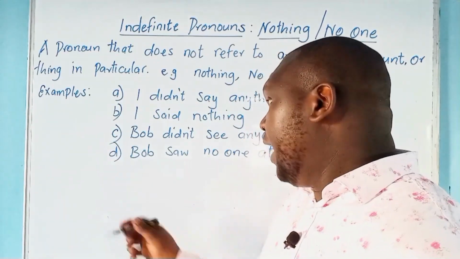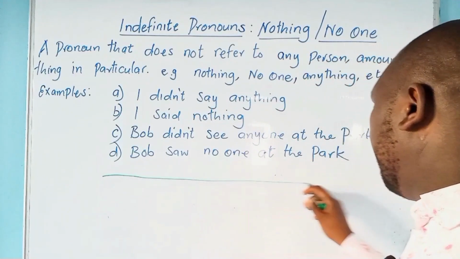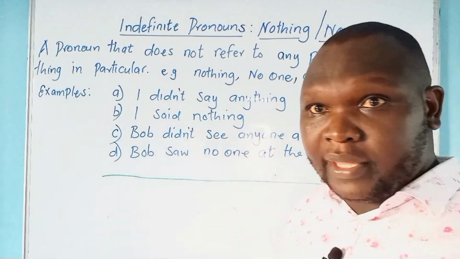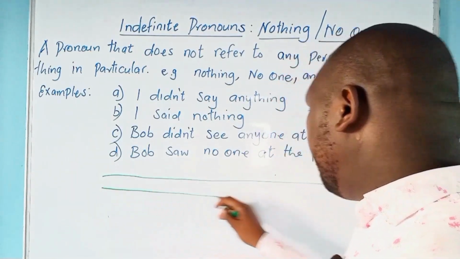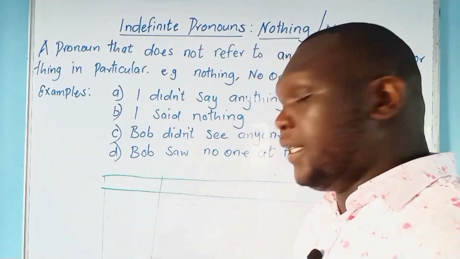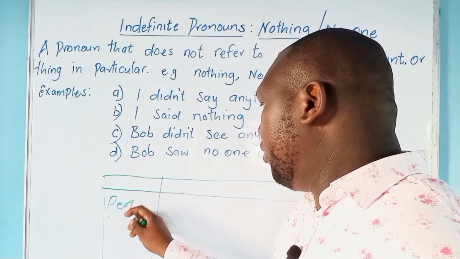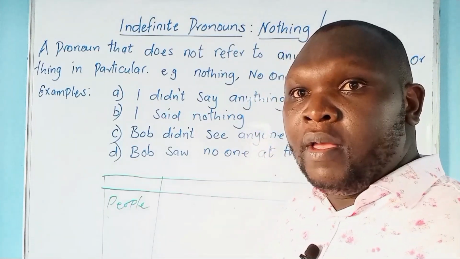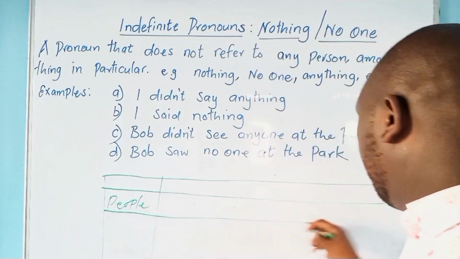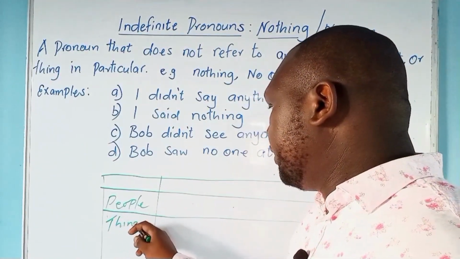Let's make a table. We can make a table like that, and here we can say people, and then we can make another column here for things.